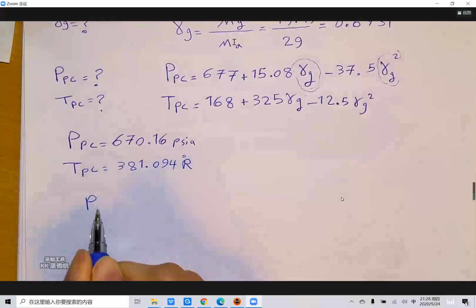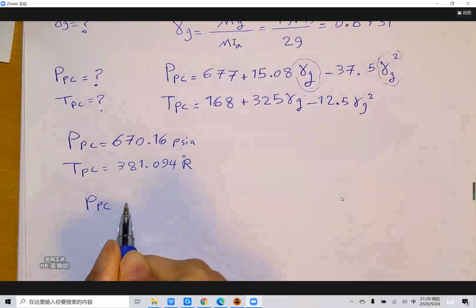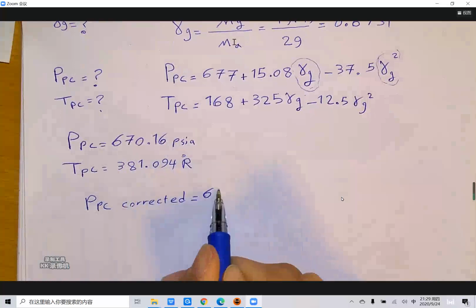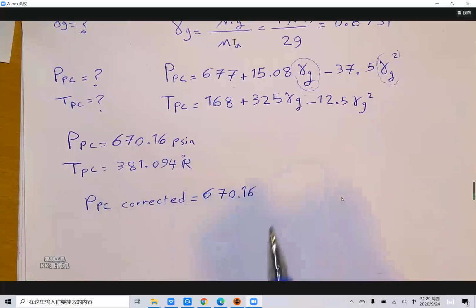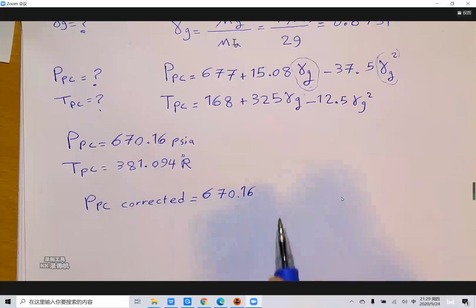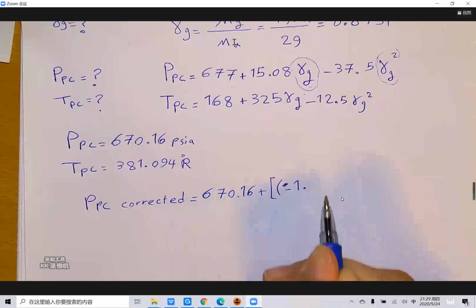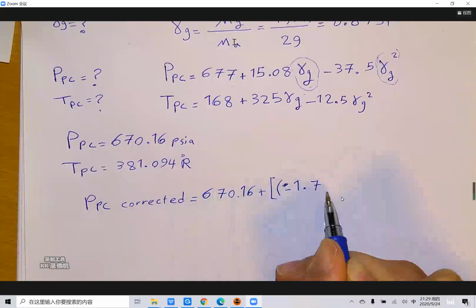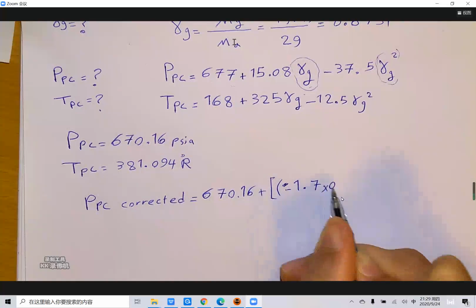So the corrected critical pressure is 670 that we calculated, plus minus 1.7 multiplied by 0.26.